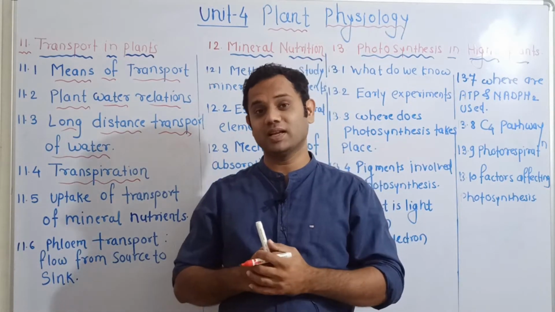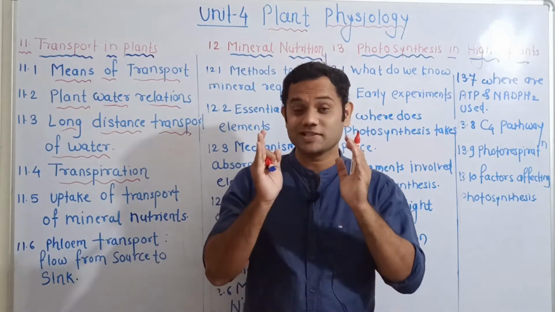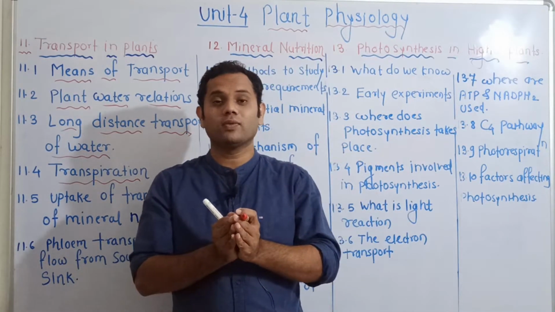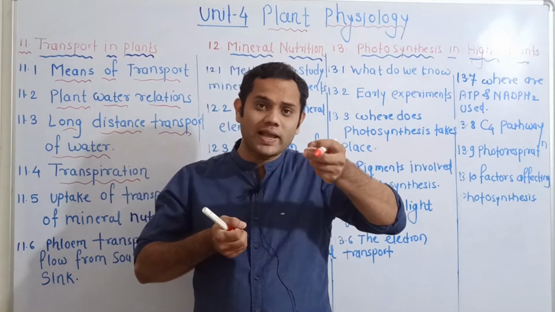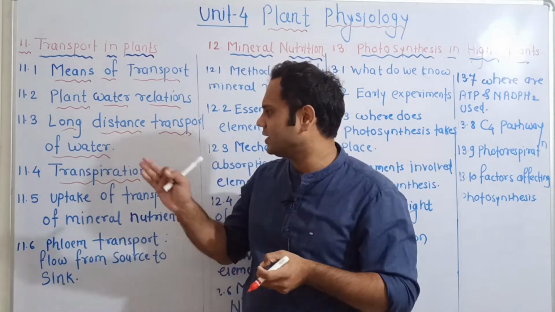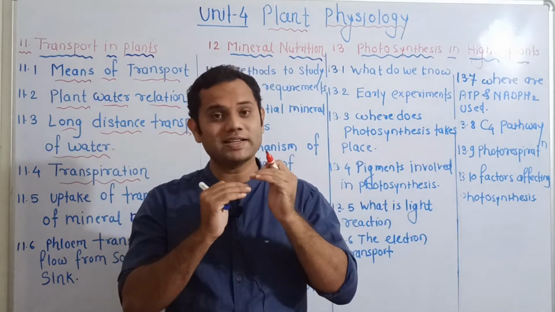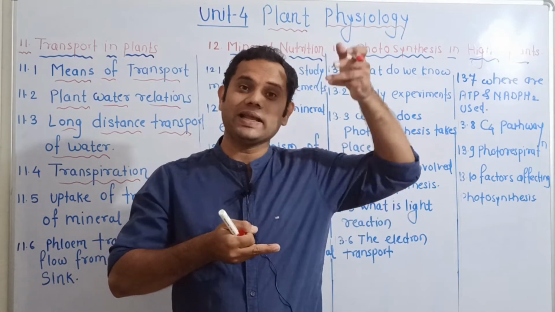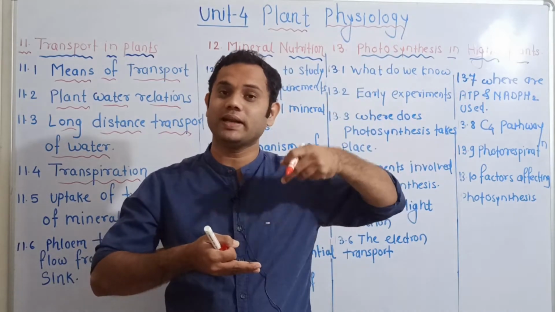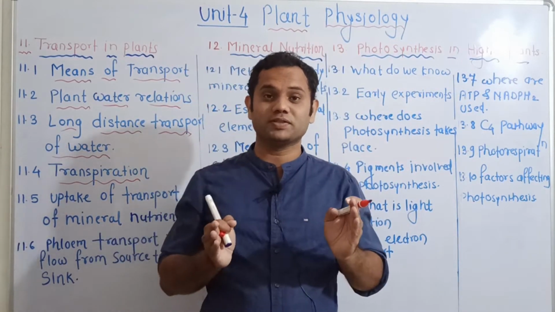Specialized structures in the leaves are called stomata. What are stomata? These are minute pore-like structures. Through the stomata the water gets evaporated in the form of vapors, and that is called transpiration.